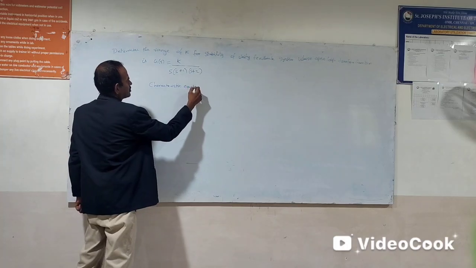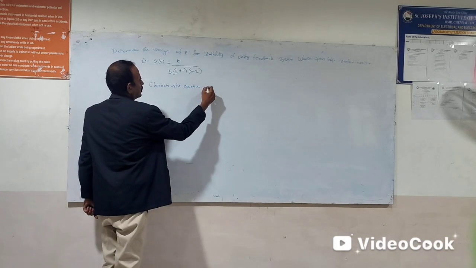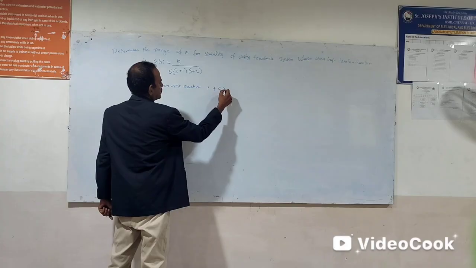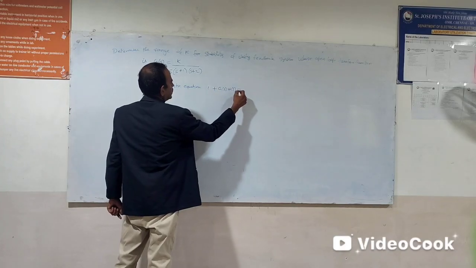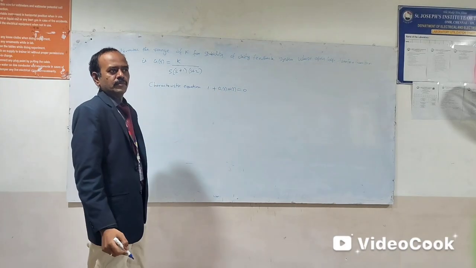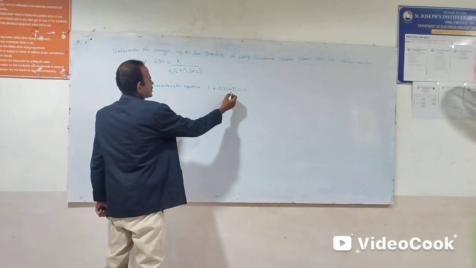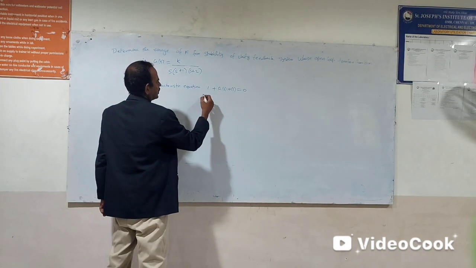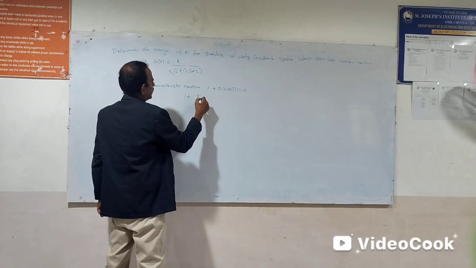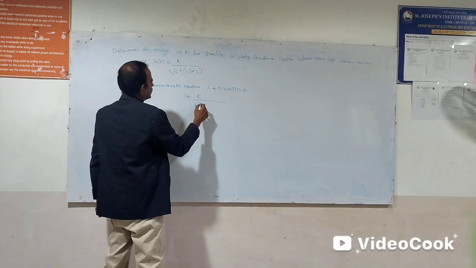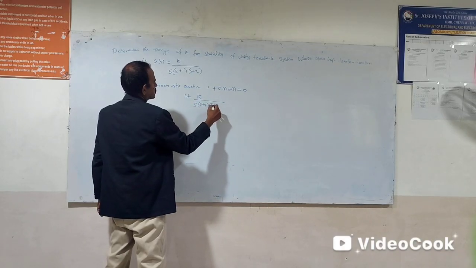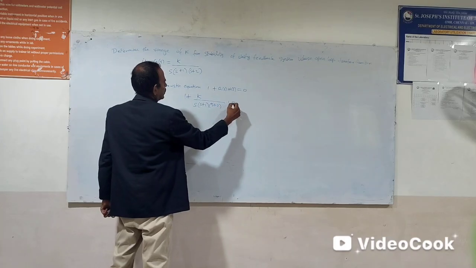The characteristic equation is given by 1 + G(s)H(s) = 0. G(s) is the open loop transfer function, and H(s) is the unity feedback given. So 1 + K / (s(s+1)(s+2)) × 1 = 0.